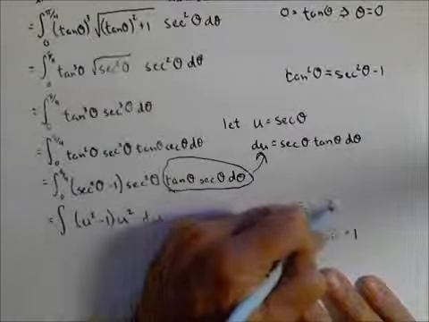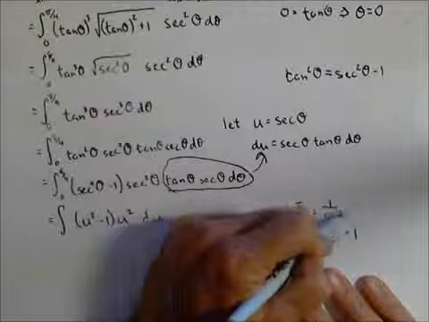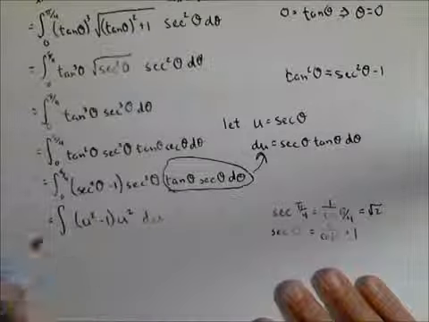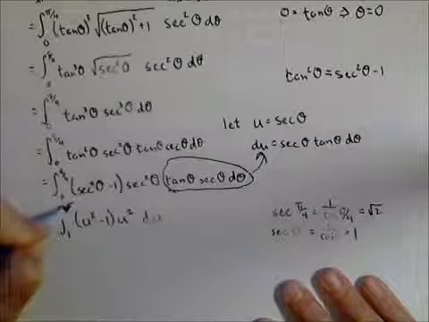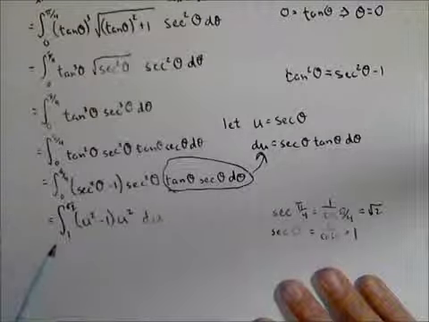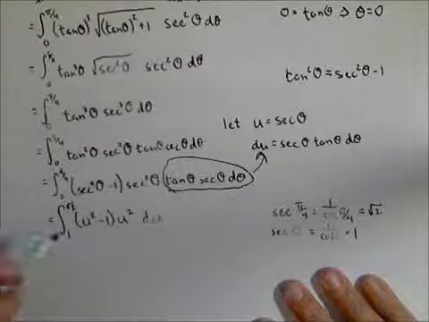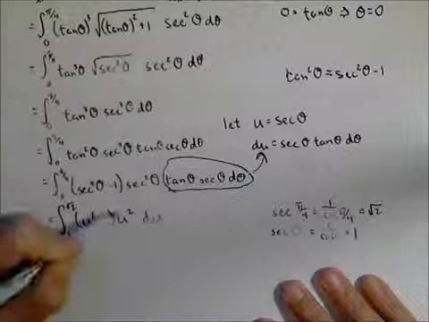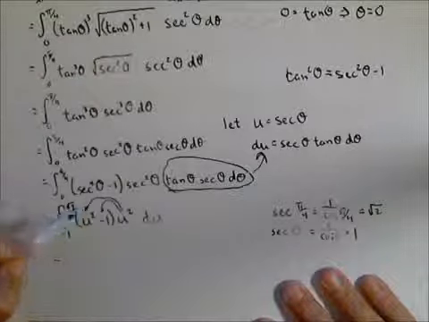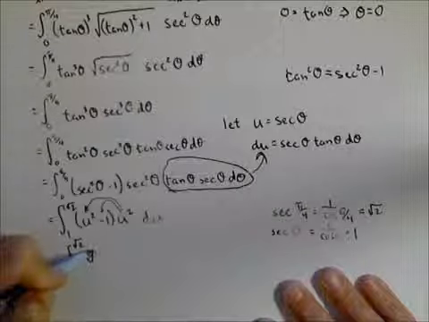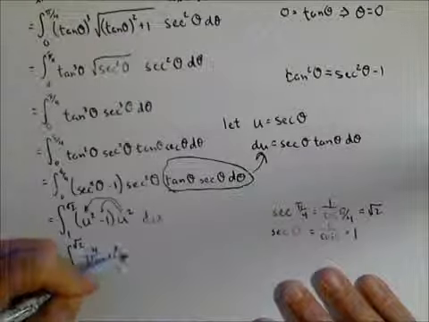Secant of pi over 4, that's 1 over cos of pi over 4, which is root 2. The nice thing about that, this is now my definite integral. The only goal I have left is to solve this thing. That's going to come from distributing the u squared. So 1 to root 2 of u to the 4th minus u squared du.